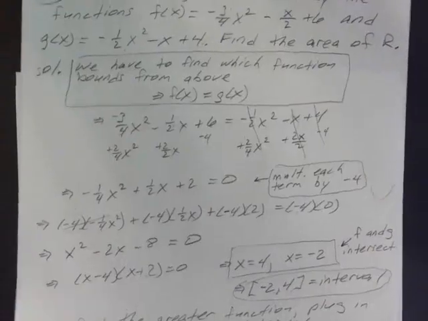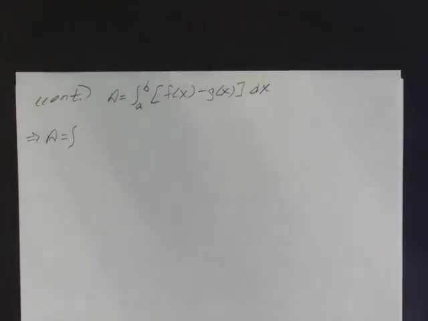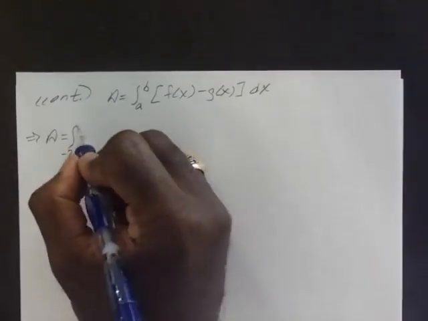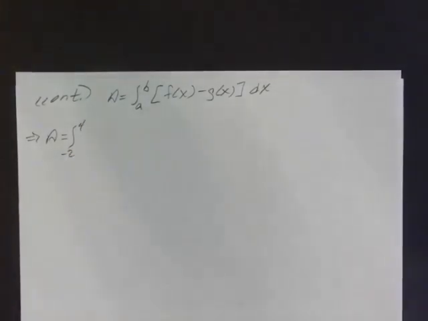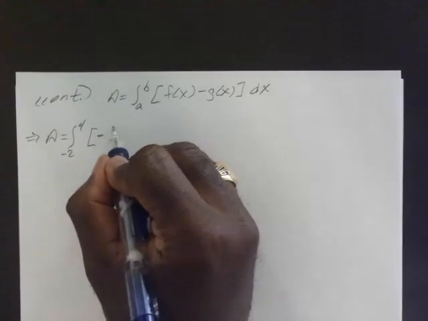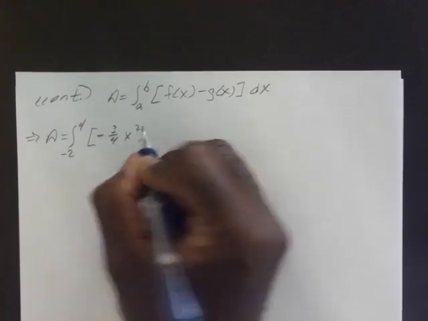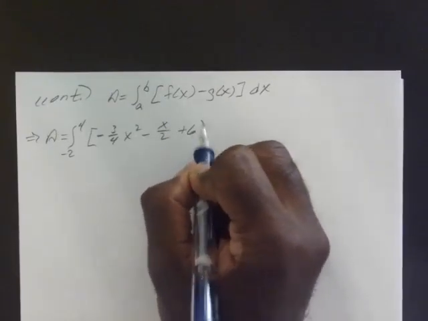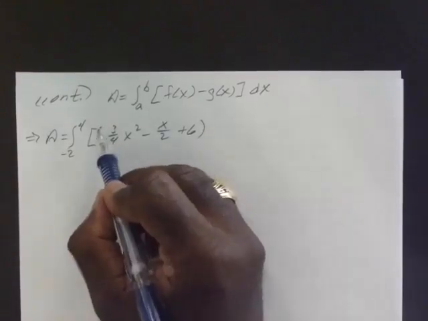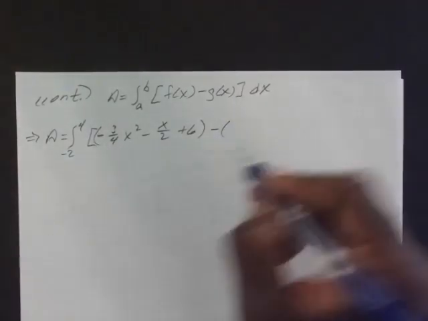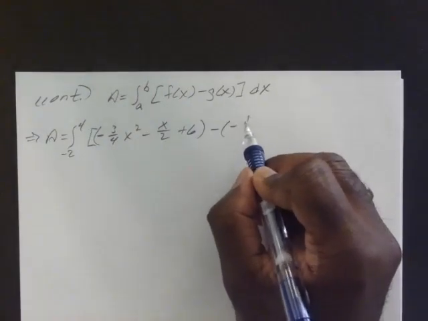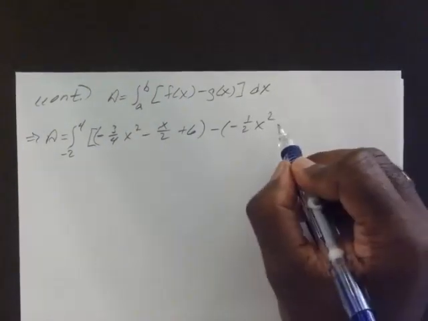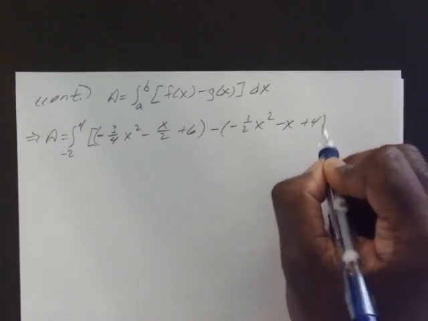Of f of x, which is -3/4 x squared minus 1/2 x plus 6 minus your g of x, which is -1/2 x squared minus x plus 4.